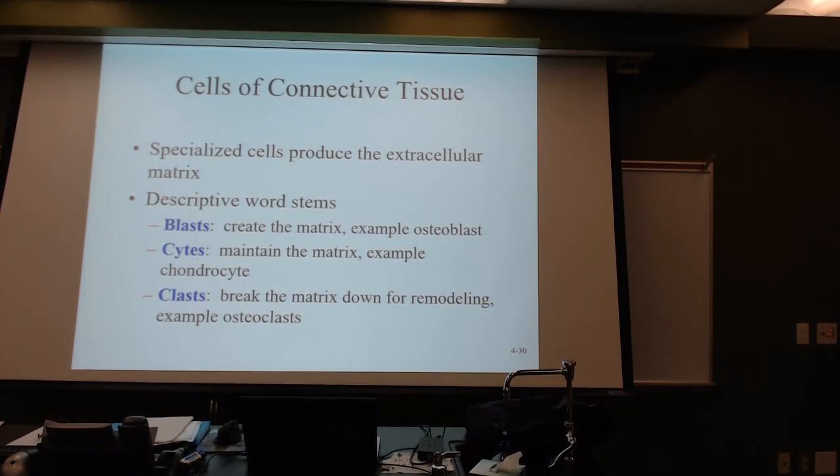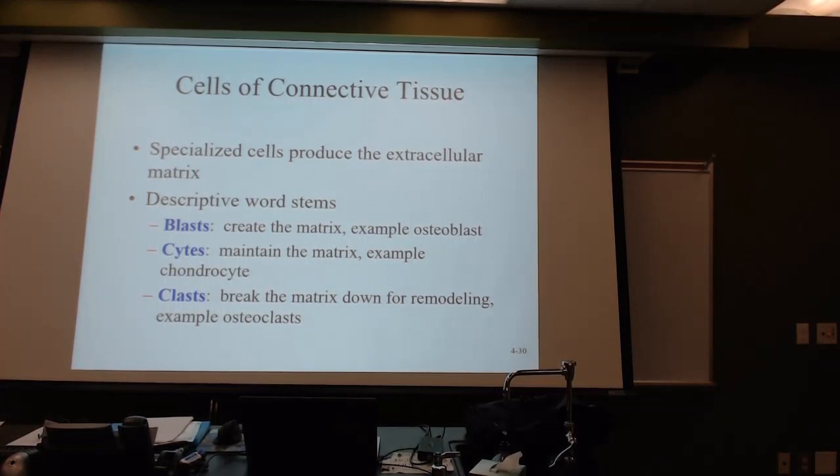For example, a blast. A blast is an immature cell. The example that's being given, osteoblast. At this point, we haven't talked about it, but does anybody know what osteo refers to?